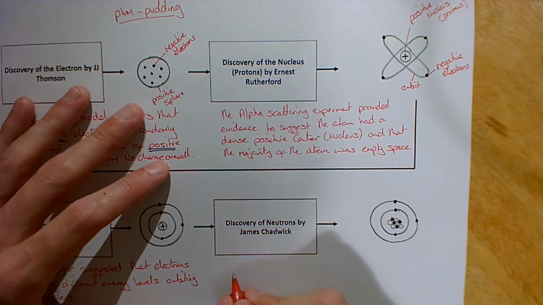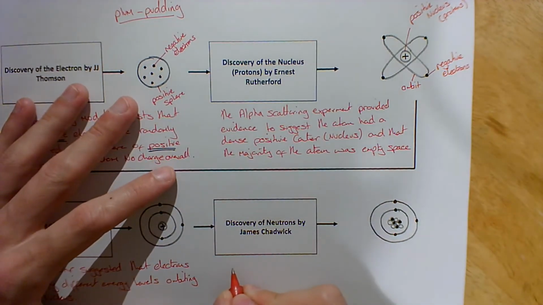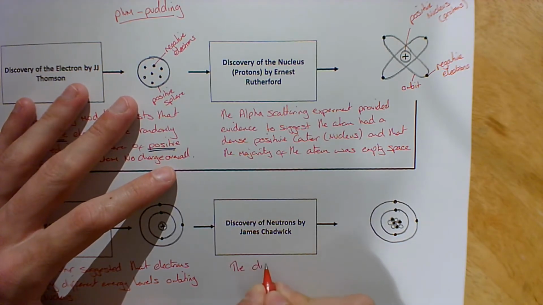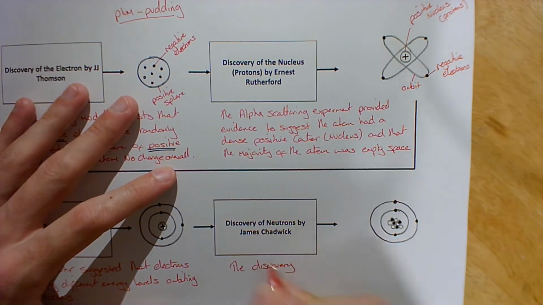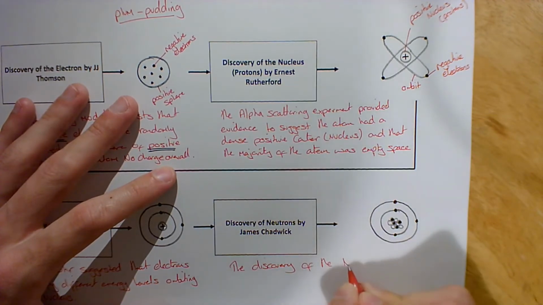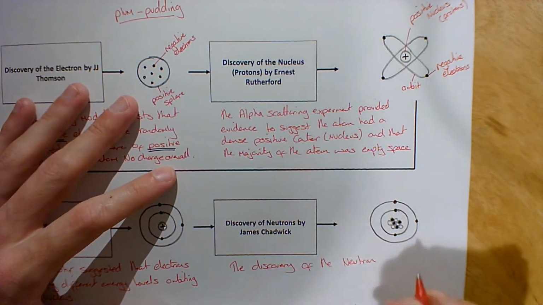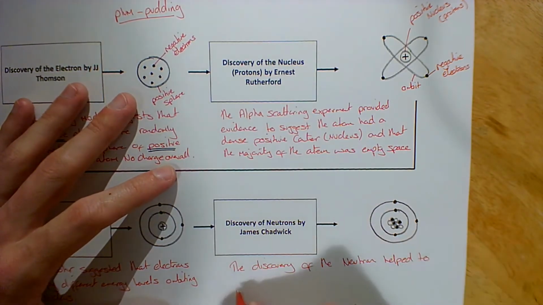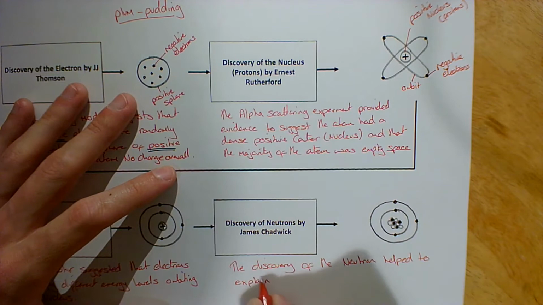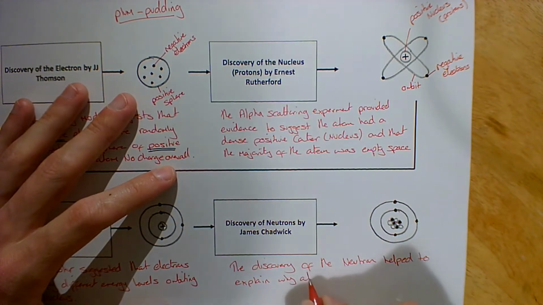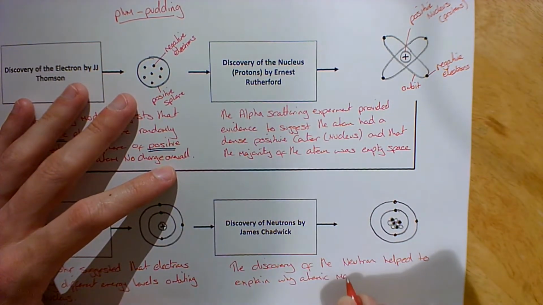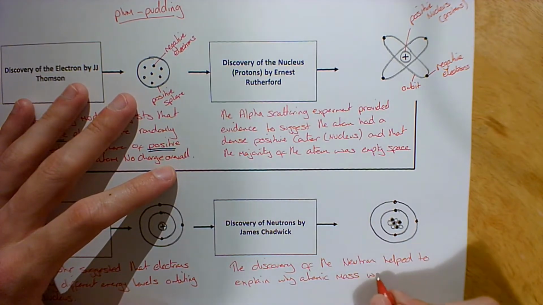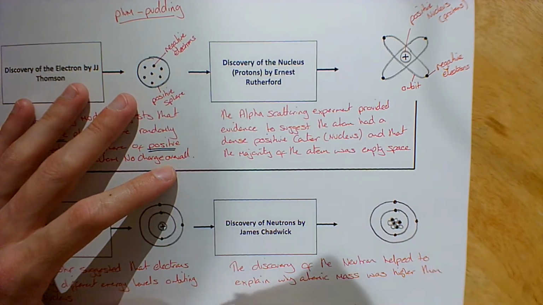So the discovery of the neutron helped to explain why atomic mass was higher than the number of protons.